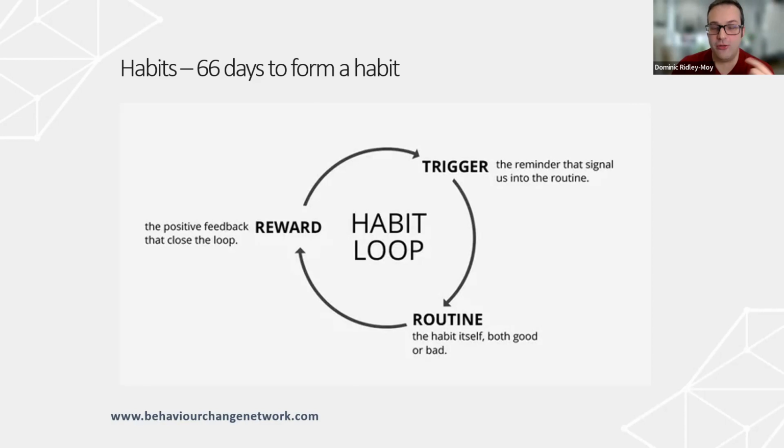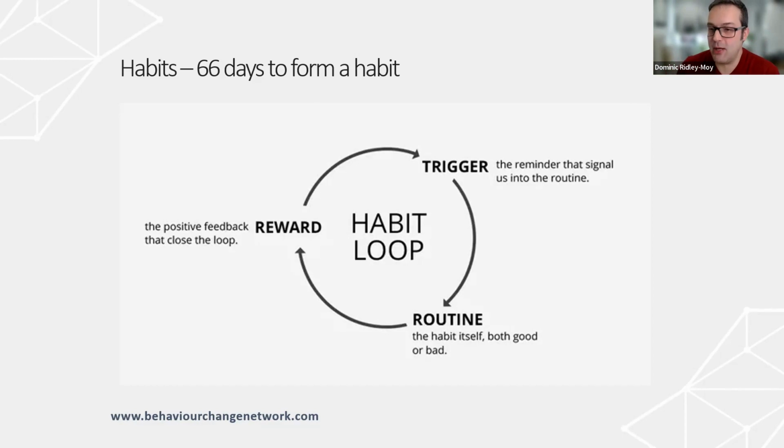And over time, this loop becomes more and more automatic. And then what happens is that cues and rewards become intertwined, and you get this kind of craving. So McDonald's do this really well. McDonald's understand that when you eat their chips, they give you that salt hit, and they will no doubt have been designed by a psychologist who would have come in and advised them on that kind of thing.